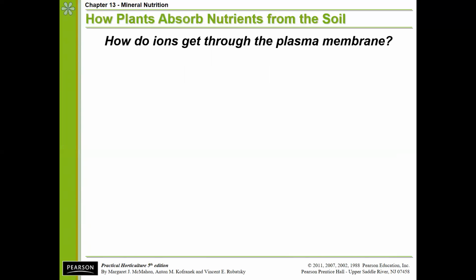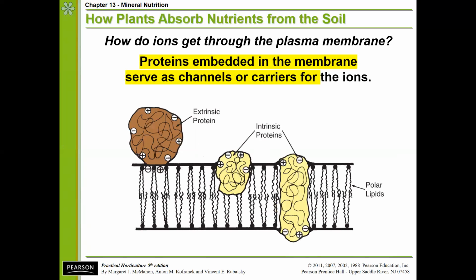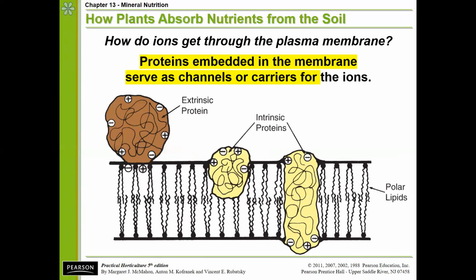So how do the ions get through the plasma membrane? Well, we actually saw this image before when we were looking at the plasma membrane. It's through these proteins that are embedded in the membrane, those that are extrinsic on the outside versus those that are intrinsic on the inside. And these serve as channels or carriers for these ions.